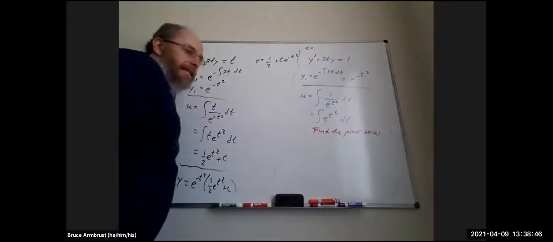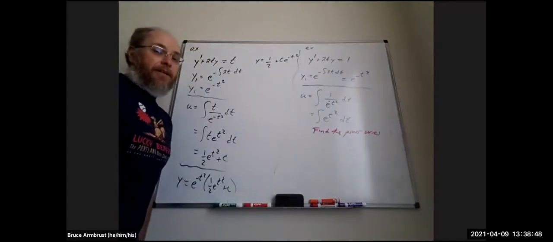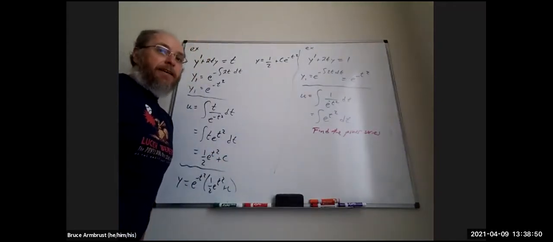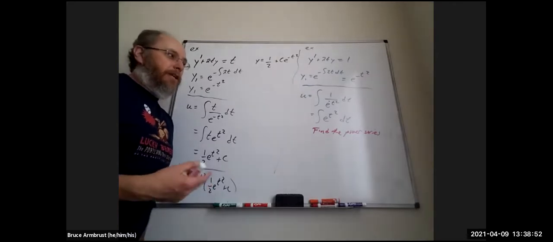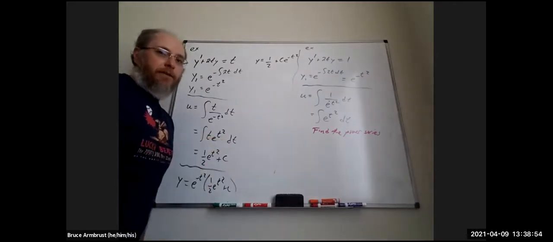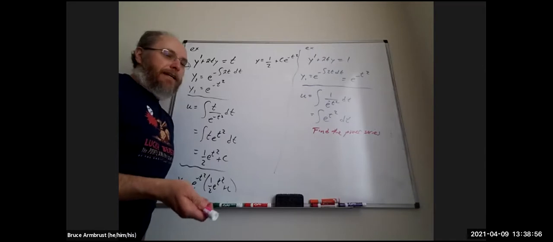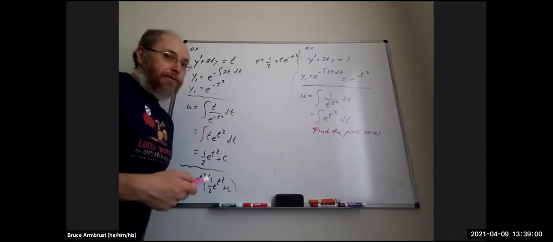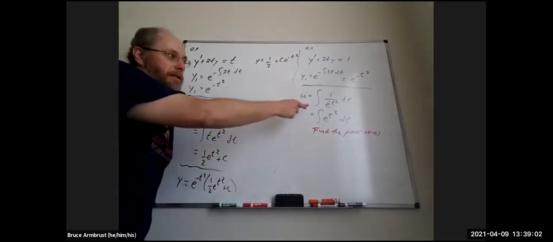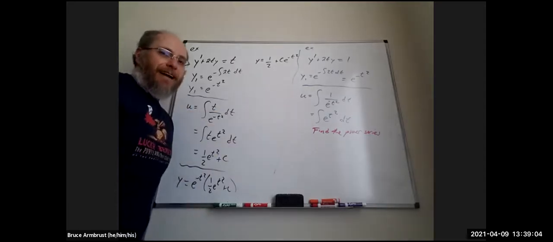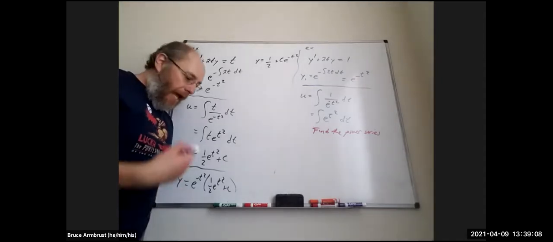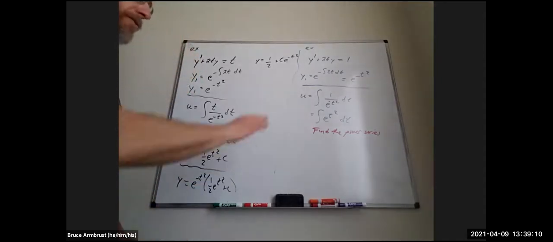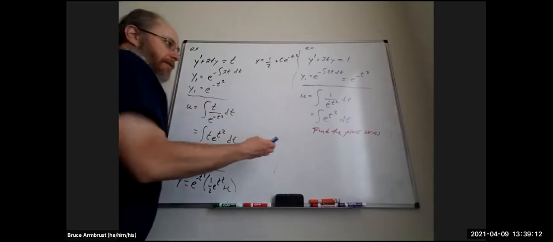Now, this one's actually easy because it's e to the x, and we know the power series for e to the x. So all you'd have to do is replace a t squared for those x's, but you could actually find it as a power series. So sometimes you're going to run into something that you actually cannot find an antiderivative for. At this point, we're just going to leave it like this.